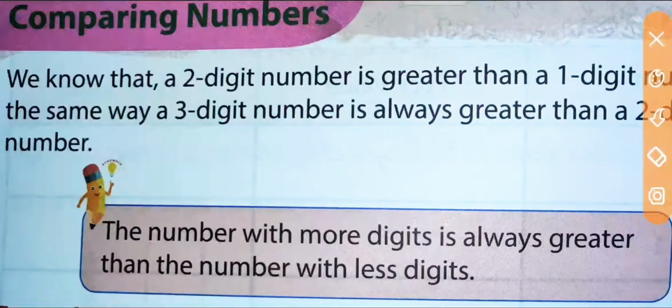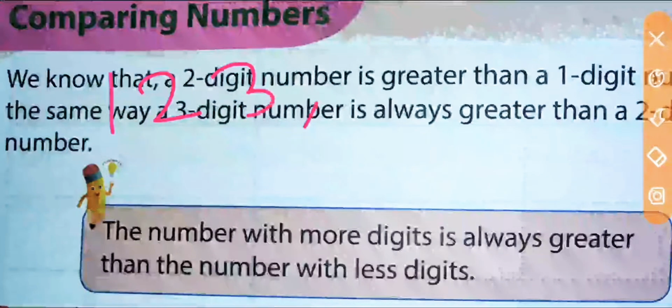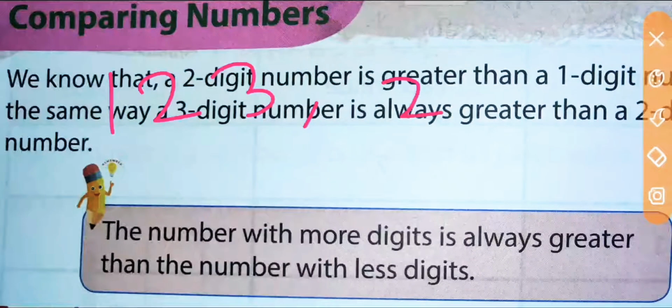99. If the given numbers have an equal number of digits, then how will we compare two numbers? Suppose one number is 1, 2, 3, and the next number is 2, 1, 3. We have to find which number is greater and which number is smaller.